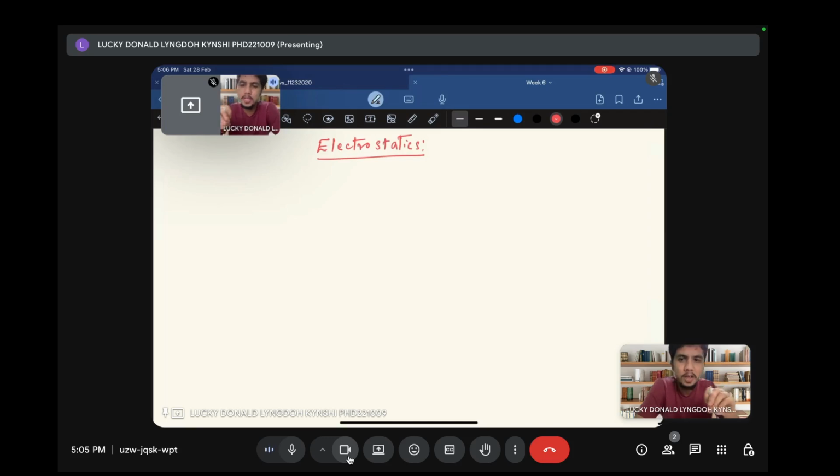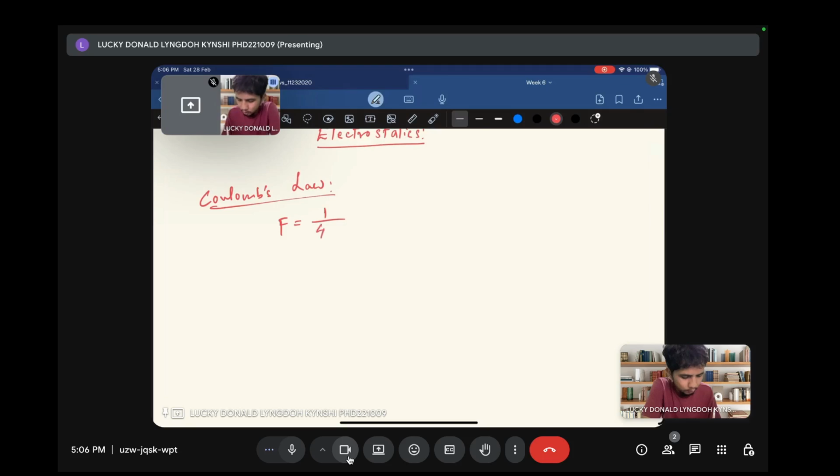certain specific problems. So the first very important formula or law is Coulomb's law. Coulomb's law says that the force between two charges is given by 1 by 4 pi epsilon naught, q1 q2 divided by r squared, r cap.